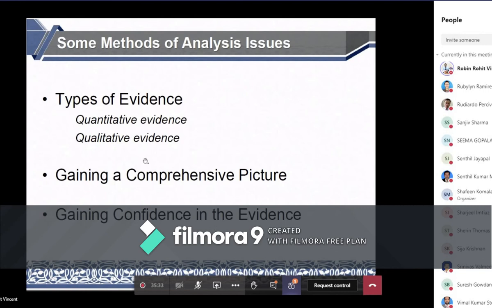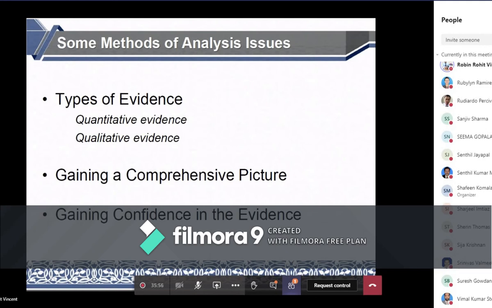Now, when the assessors come, they are going to see the comprehensive picture, and they are also going to see the confidence in the evidence. If they lose confidence in our evidence, whatever we write, whatever we say, we cannot get through. So evidence is the key.